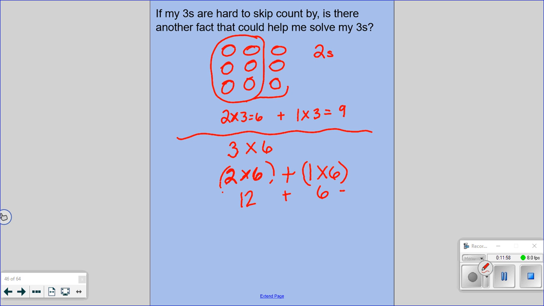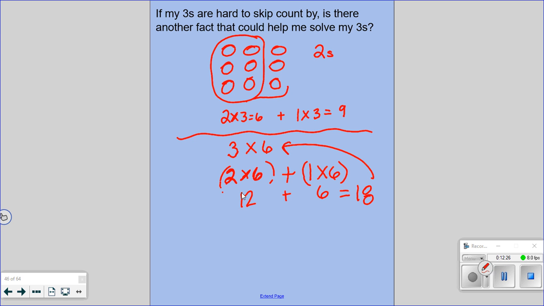Now we've made it 12 plus 6. We had 2 groups of 6, which is worth 12, and then 1 group of 6, which is worth 6. Now we're adding those 2 values up. Paxton? 18. So that is what 3 groups of 6 is worth.